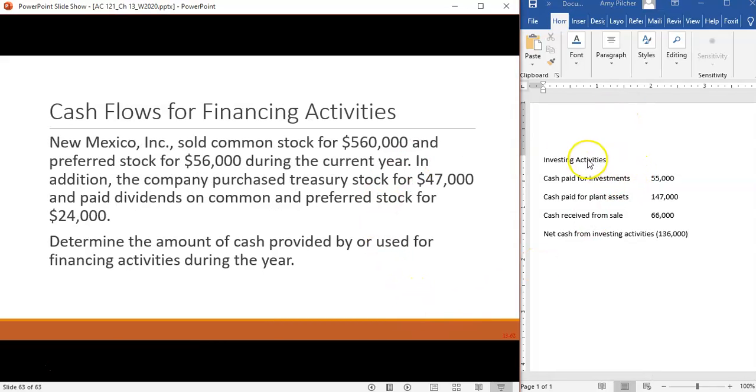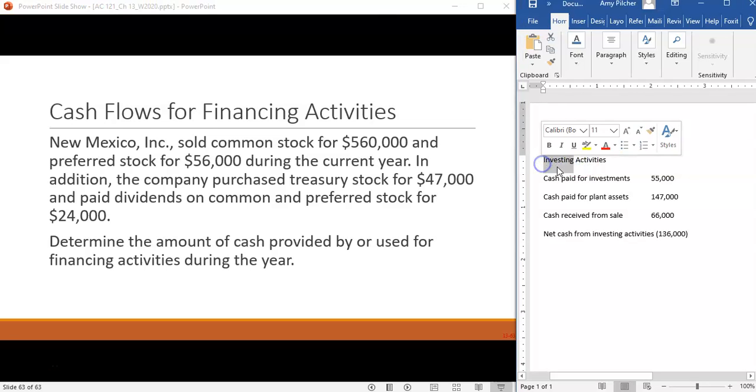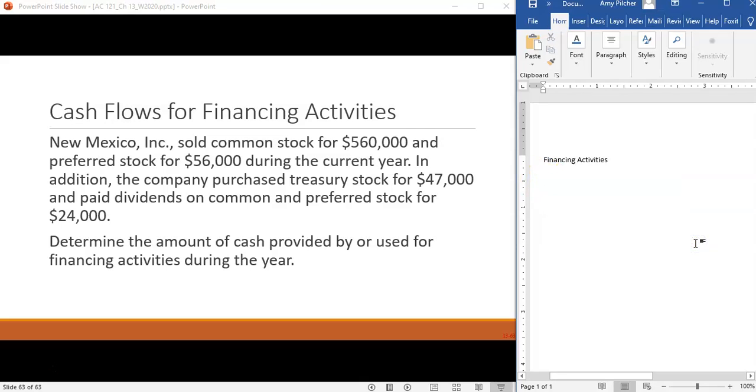The last thing that we're going to look at is the financing activities section. So financing activities is how we finance our company. We can either do equity financing or debt financing. Equity financing is through the sale of stock, and debt financing is through the sale of bonds. We can also take out notes payable and pay back the notes payable.